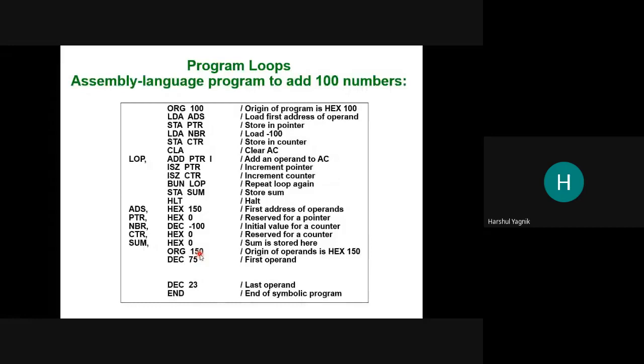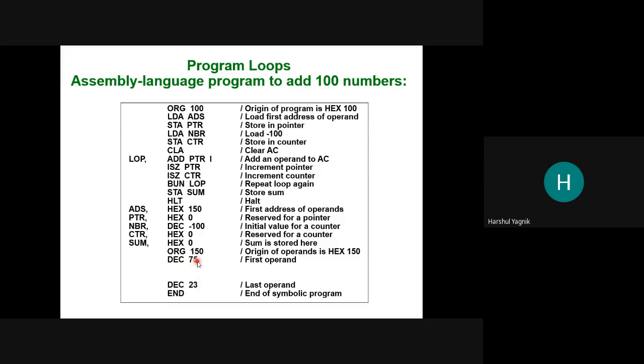Starting with the first operand is hexadecimal of 150. Then our first operand is binary of decimal 75. And such there are different numbers from that memory location onwards. And the last operand is 23.